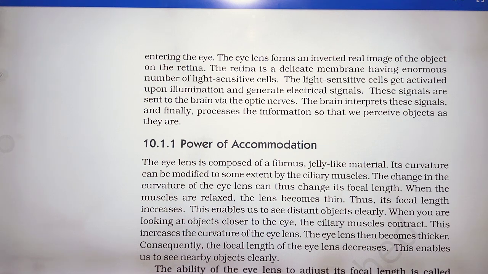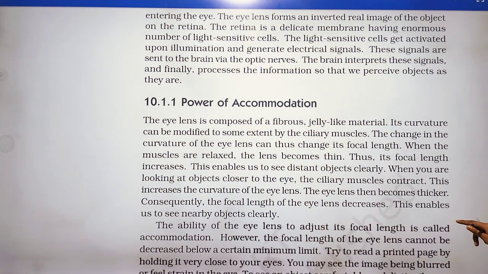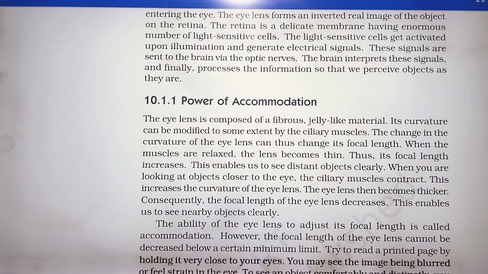The power of accommodation is the ability of the eye lens to adjust its focal length. The ability of the eye lens to adjust the focal length is called accommodation.